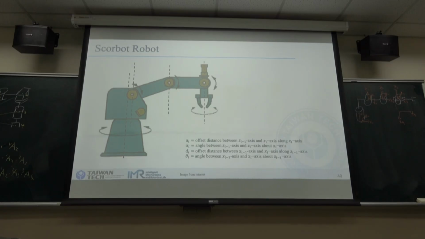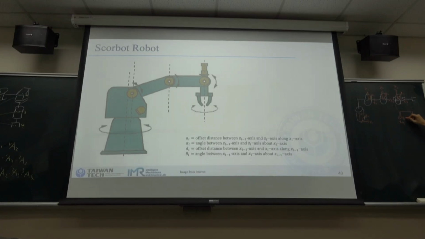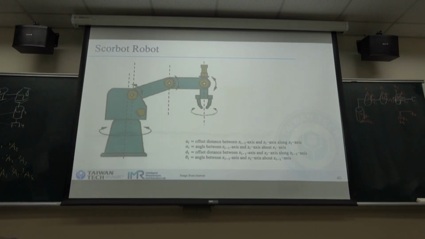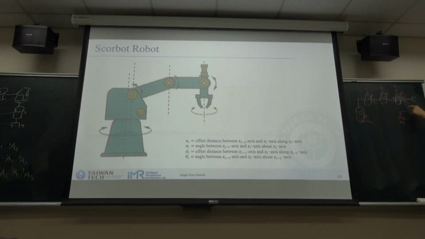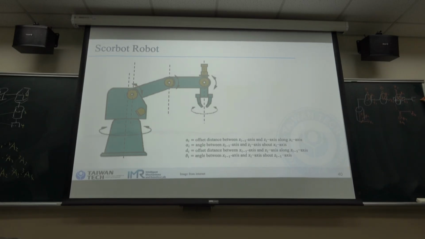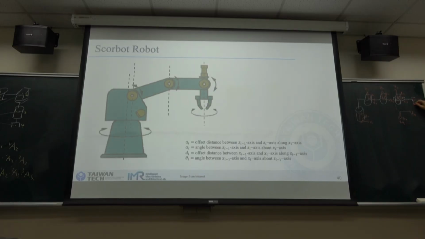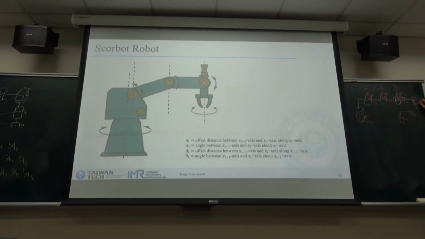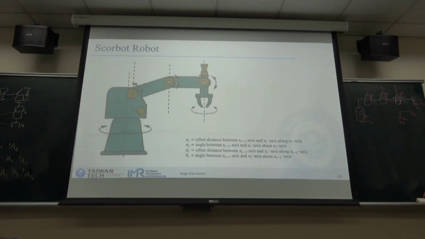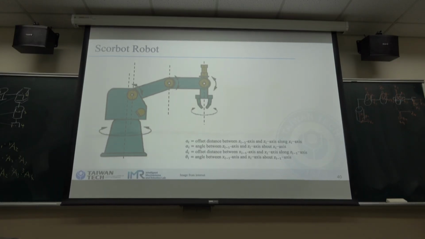And we can check ZX, so the Y is pointing down. We can check whether the X intersects with Z3. Because these two are at the same point, of course the X intersects with the Z. And then for the last one, we have Z5, X5 and Y5. Just copy this one. So we can set up all the frames very fast.